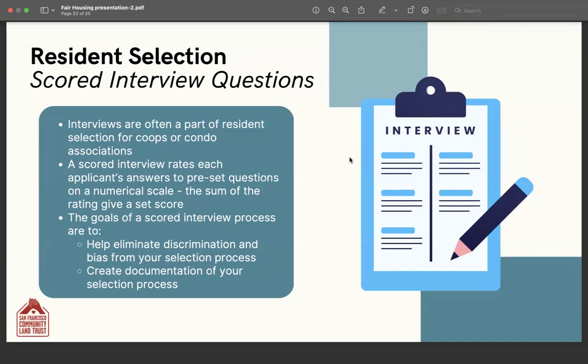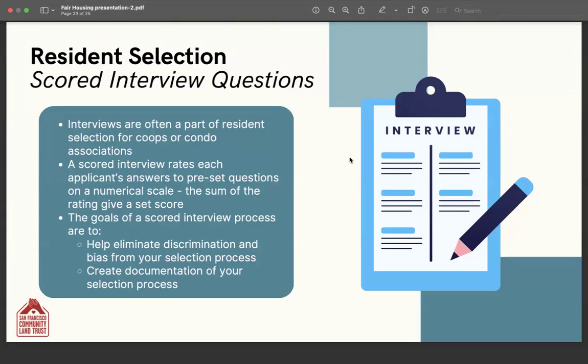It's a way for the applicants themselves to get to know what's important to a housing community, which is raised up in the questions that are asked, and also for those that are part of the selection committee to also get to hear about this person that is applying to live in the housing community. But it can also be used for rentals and maybe even for single family homes.